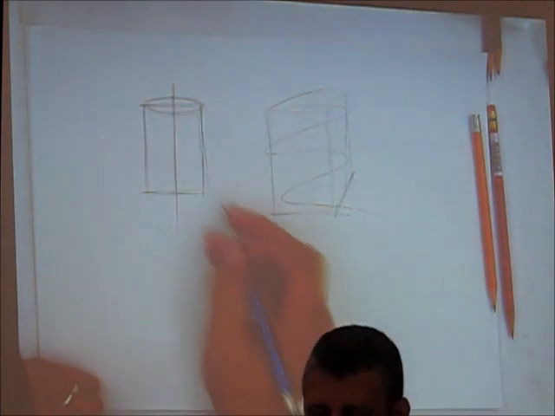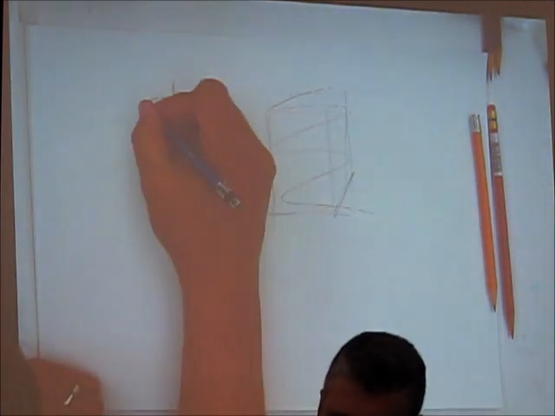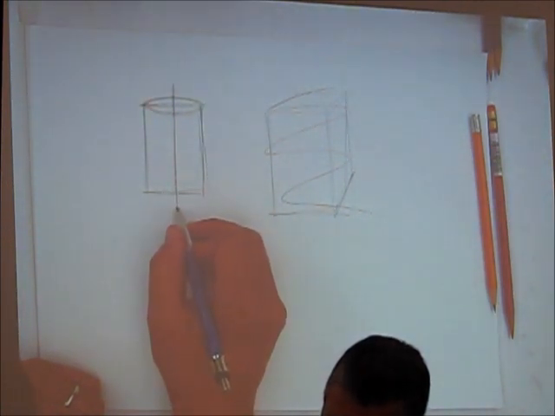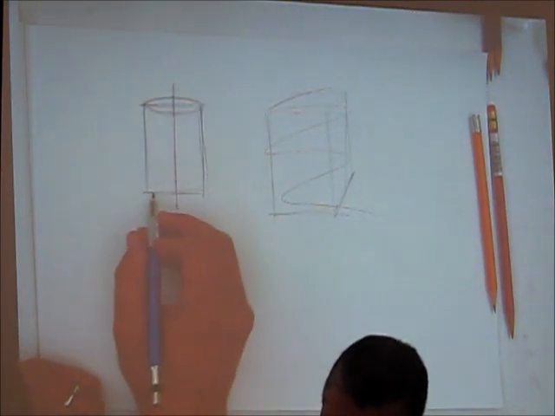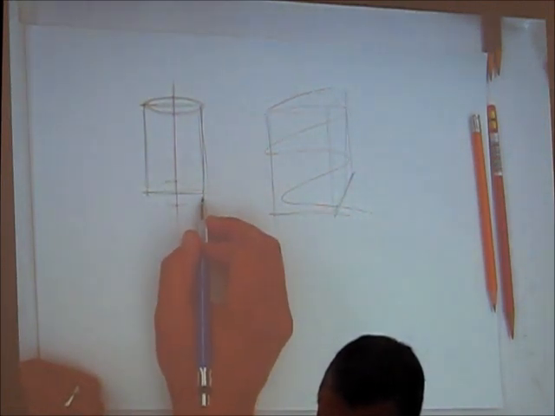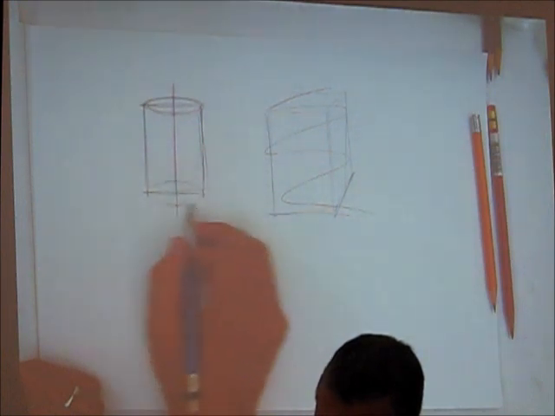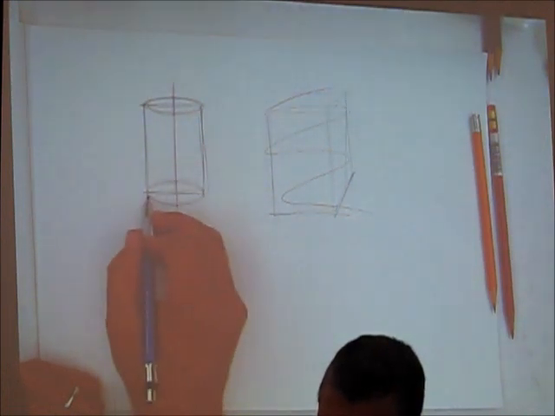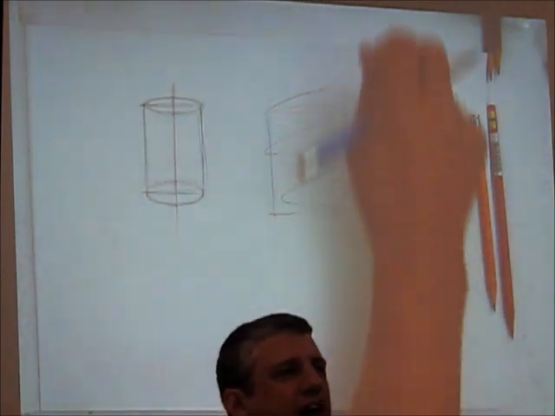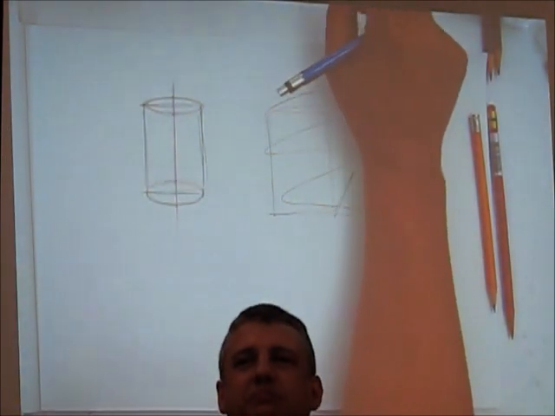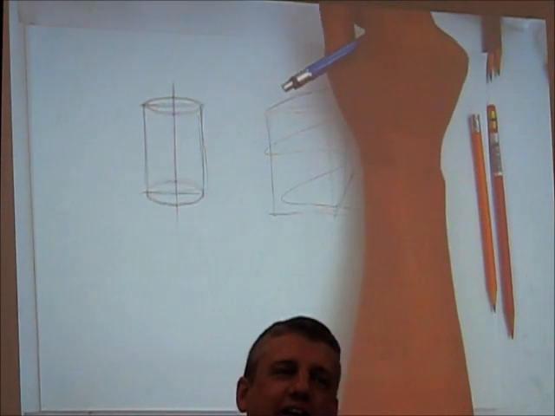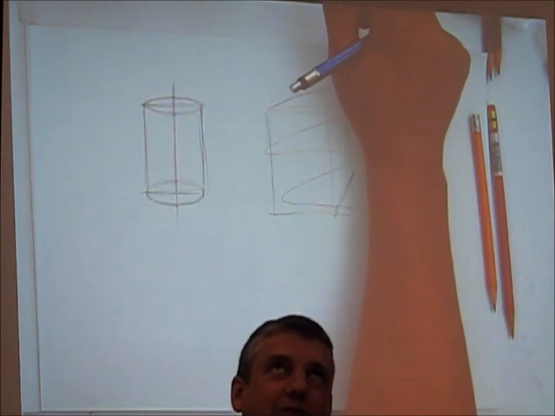And if you're looking down on it, as this indicates, I have a slightly larger degree down here, because it's farther from the eye level. So that's my cylinder. Okay, all of you guys okay with that? Totally easy, right?